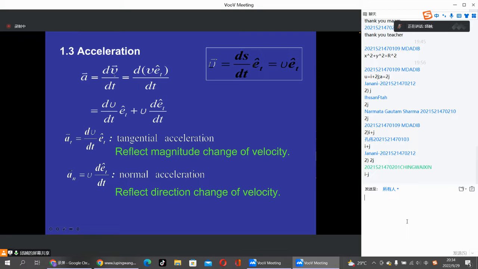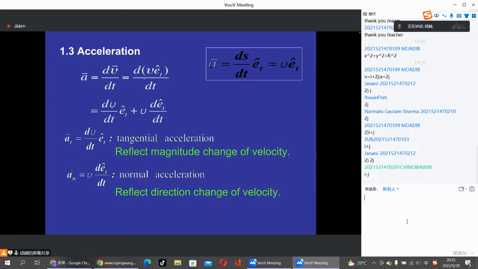We know that the velocity is expressed as the magnitude of the velocity and et, the tangential part of the velocity. It is a scalar multiplied by a vector.